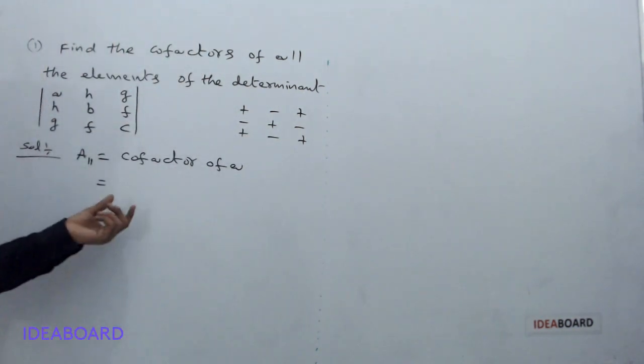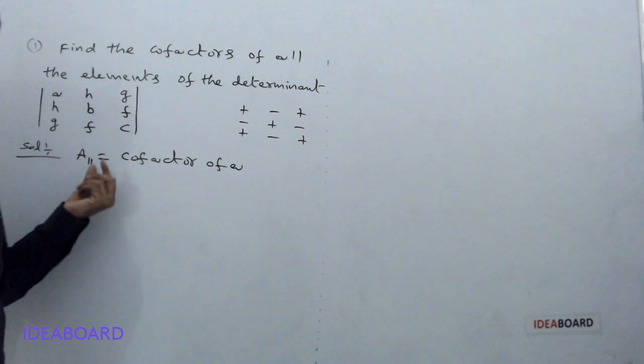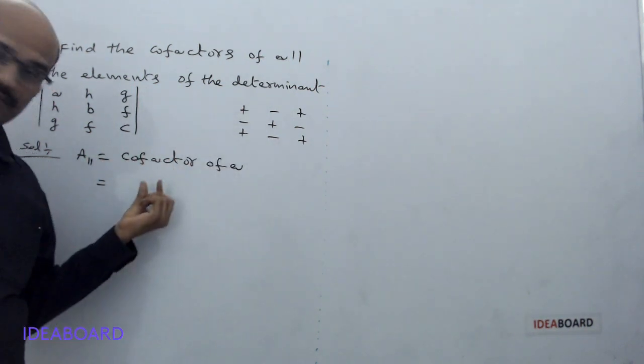We need not take minus 1 whole power 1 plus 1, minus 1 whole power 2 plus 1. So you can take directly the sign.